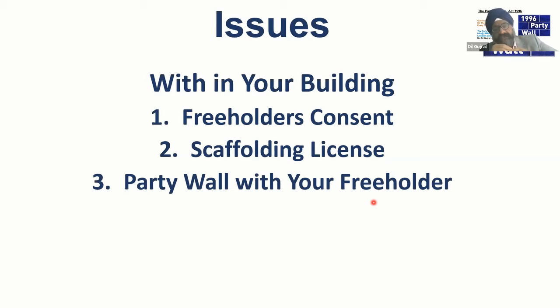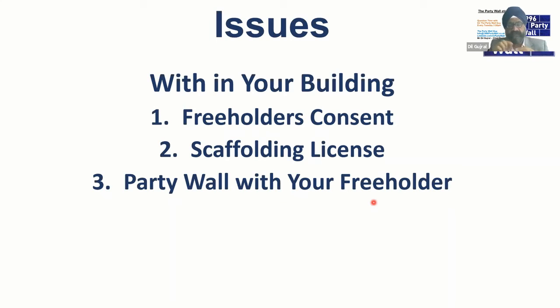You'll also ask them to consent under the Party Wall Act, because you can't have the situation where they're consenting on one hand as a freeholder and creating a dispute under the Party Wall Act, which is what you have to do to get a Party Wall award. A number of times I've spoken to solicitors and said, look, you need to wrap all 3 up within the freeholder's consent.